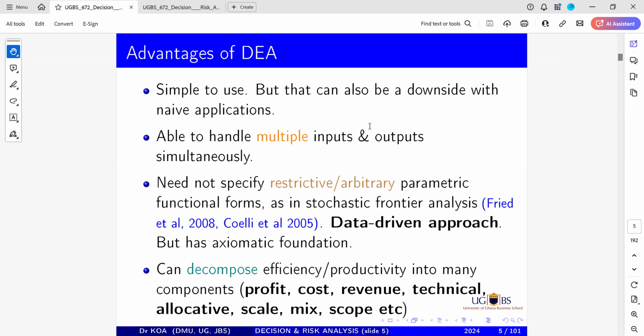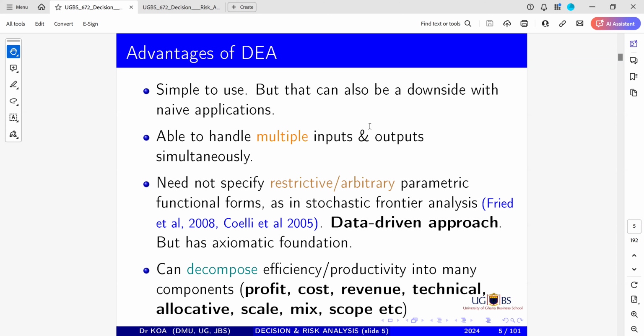DEA can decompose efficiency, and later you'll learn that there's another version called productivity, which looks at time. It can split the efficiency you got into multiple parts so that you will know which of these efficiency parts is the main contributor to the efficiency of the firm. So profit efficiency can be decomposed into cost and revenue efficiency.